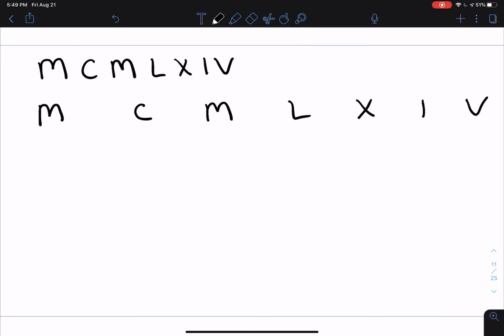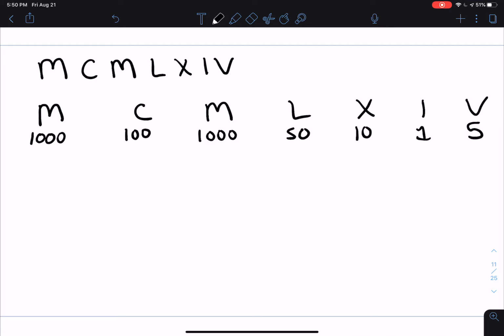All right, I see my M, which is 1,000, a C is 100, and M is 1,000 again, and L is 50, and X is 10, and I is 1, and a V is 5.